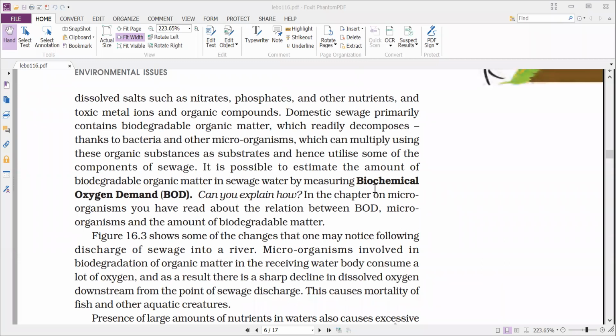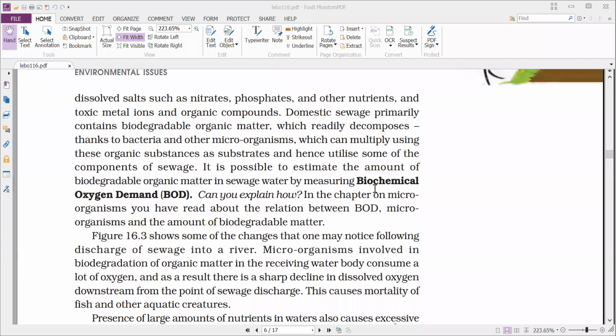Biological oxygen demand means the amount of oxygen required by the microorganisms to decompose organic matter that is present in 1 liter of water. The total amount of oxygen required by the microorganisms to decompose the organic matter present in 1 liter of water, we are calling it biological oxygen demand or biochemical oxygen demand.